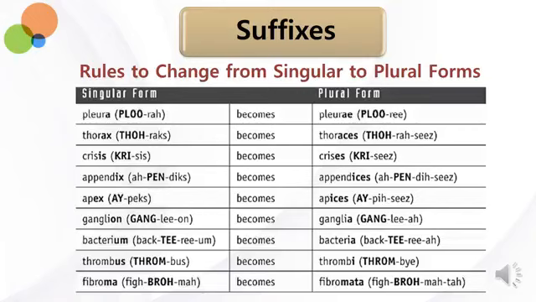I have to look at the ending letters of the word: A is converted to AE in the plural form, AX is converted to ACES, IX and EX change into ICES, ON ends are replaced by A, UM is replaced by IA, US is replaced by I, and ma is replaced by mata.